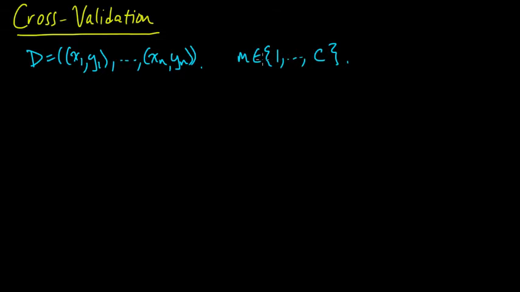Here we are assuming it's from a finite set, but what if your class of models had a continuous valued parameter that was controlling the model complexity? Well, one thing you could do would just be to discretize the space.